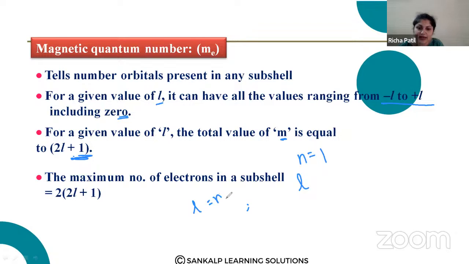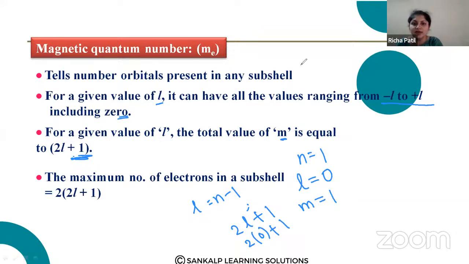L is equal to n minus 1, so 1 minus 1 is 0, and L will have the value 0. How do you calculate m? m is calculated by 2L plus 1. Substituting the value of L, it will be 1. So like this, you are going to find the quantum numbers.